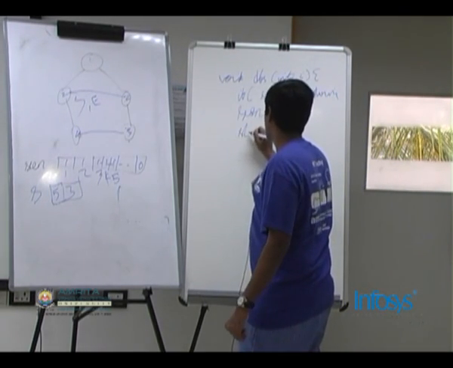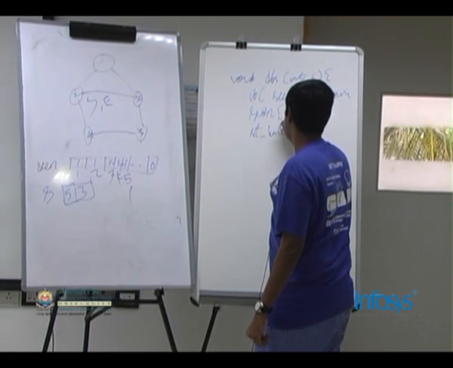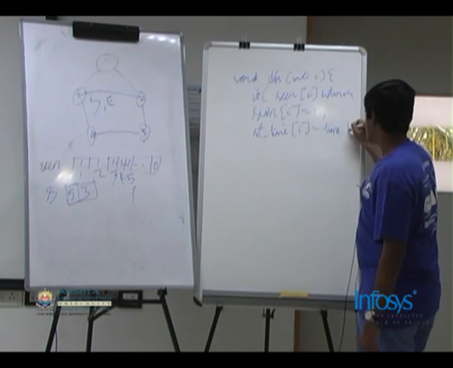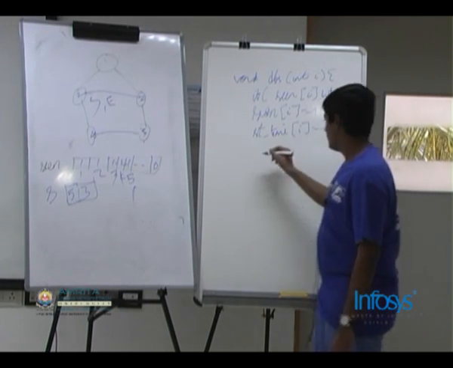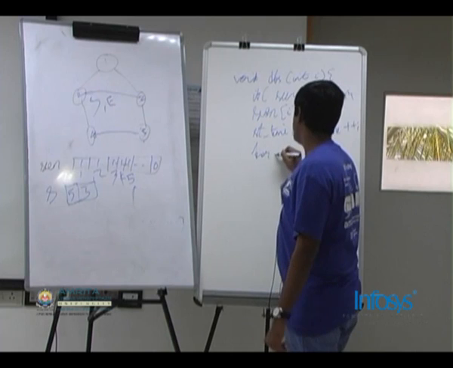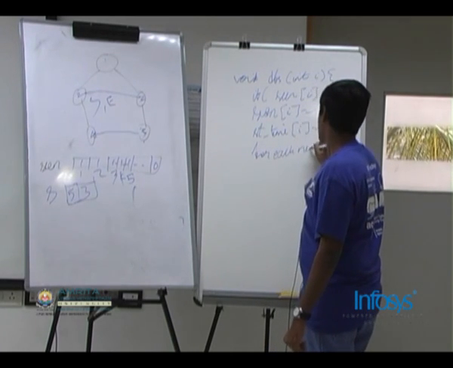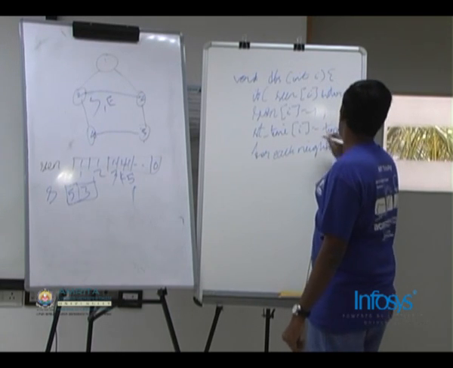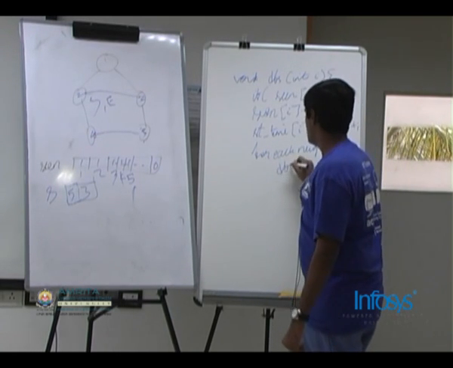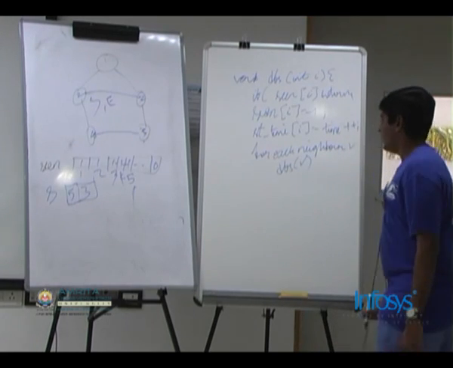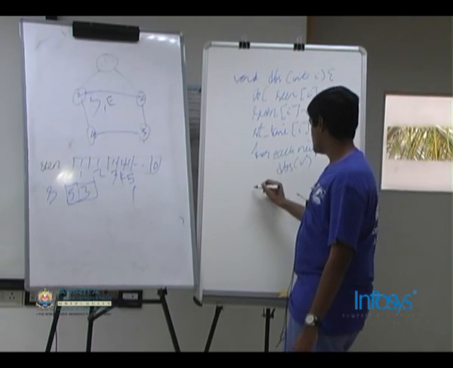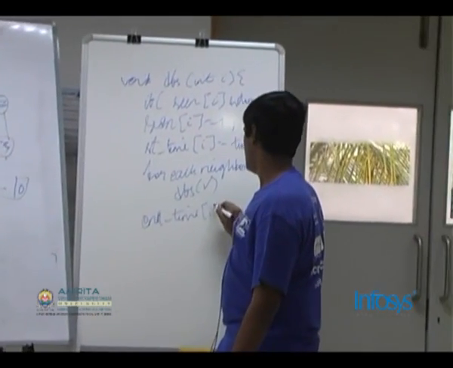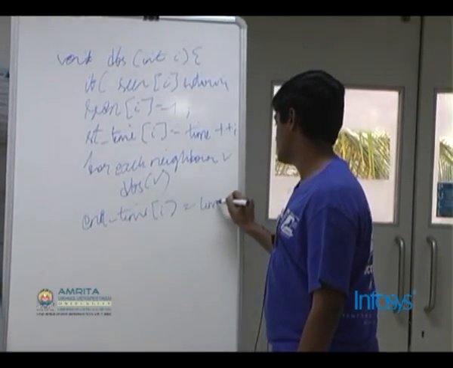So start time of I equal to time plus plus, and then for each neighbor V, do DFS of V, and then outside the loop do end time of I equal to time plus plus.